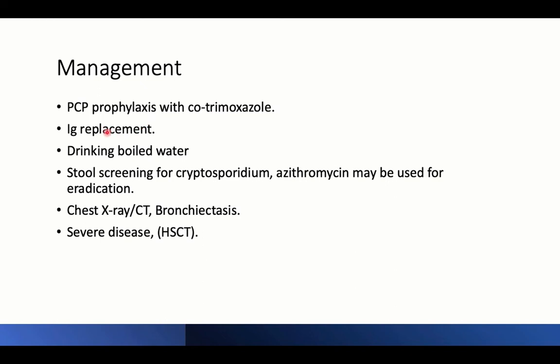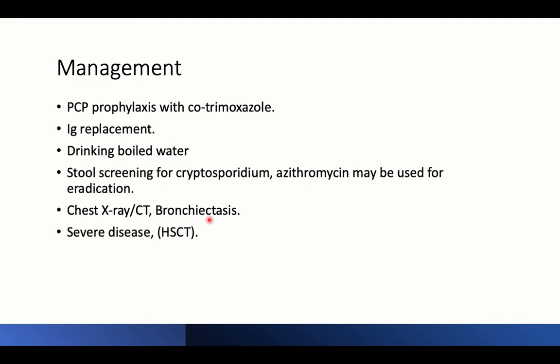Also, the antibody deficiency necessitates periodic immunoglobulin replacement and following the IgG trough levels for adjustment of the dose. For protection against infection, advise the patient to drink boiled water to guard against waterborne disease like Cryptosporidium, for example. Stool screening for Cryptosporidium and eradication by azithromycin may be required.